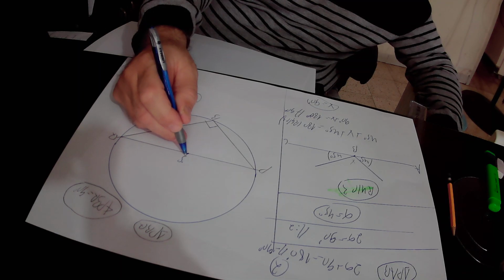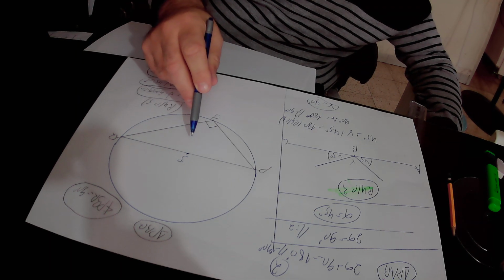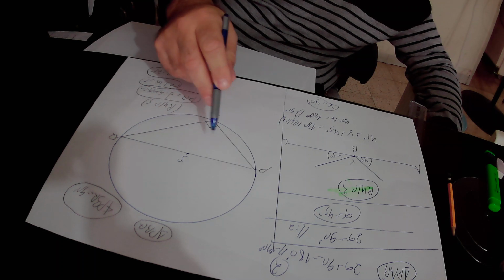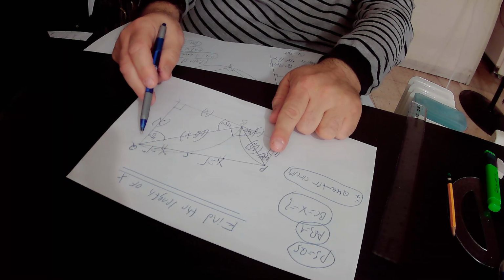So this is point S that I copied from the original drawing to exactly the same point on PQ where it is located in the original drawing.